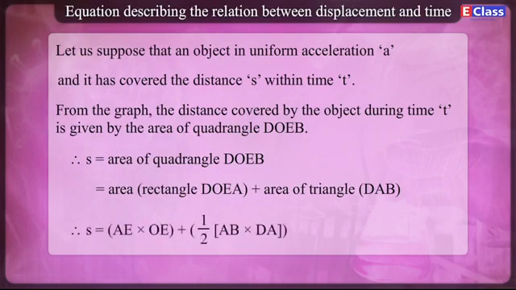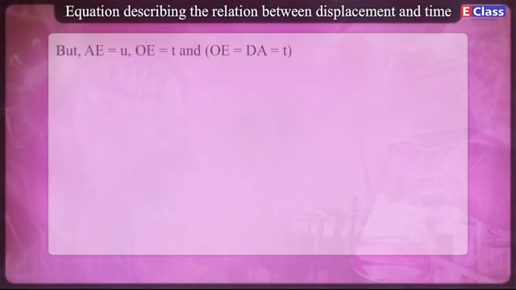Therefore, s is equal to AE multiplied by OE plus 1 upon 2 into AB into DA. But AE is equal to u, OE is equal to t, and OE is equal to DA, which is equal to t.